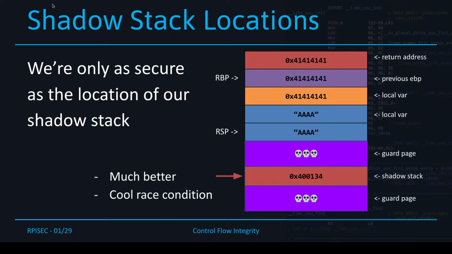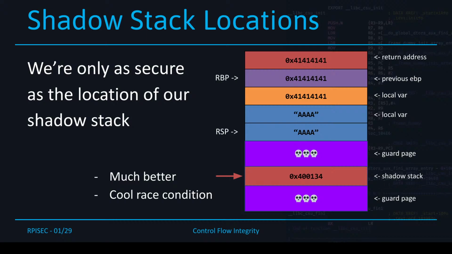One much better implementation that we saw in Microsoft's original implementation of a shadow stack was the use of a guard page. Basically, what that guard page is going to do is detect any kind of access whatsoever. So you can read to it or you can write to it, and that will trigger this guard page, and it will just terminate your program immediately.